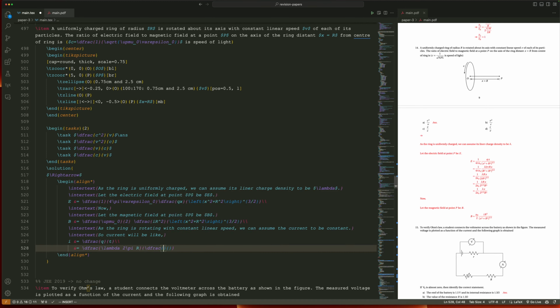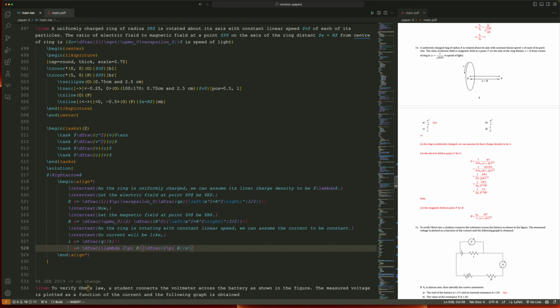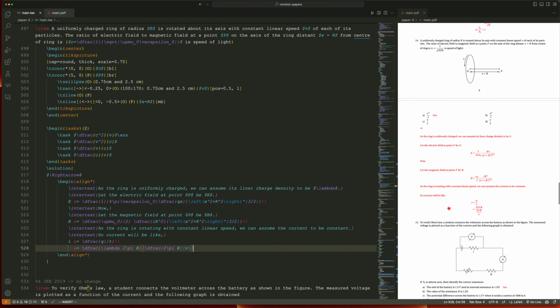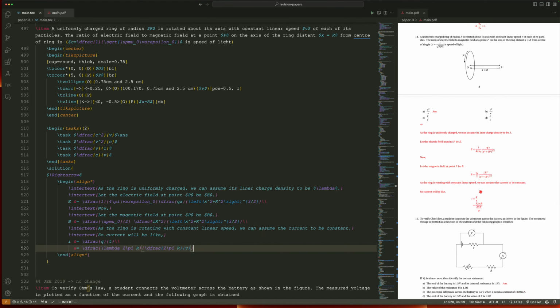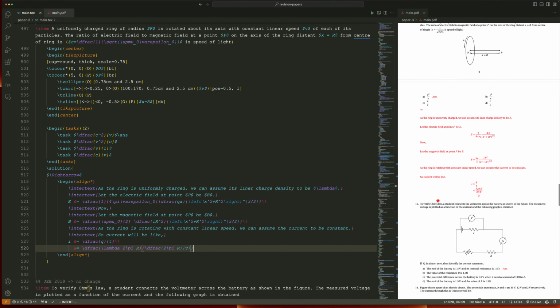So this will be 2 pi r upon v. So let's run it first and then see what we can do. As it's rotating with constant linear speed, we can assume the current to be constant. So current will be Q by T, lambda into 2 pi r, 2 pi r upon v.